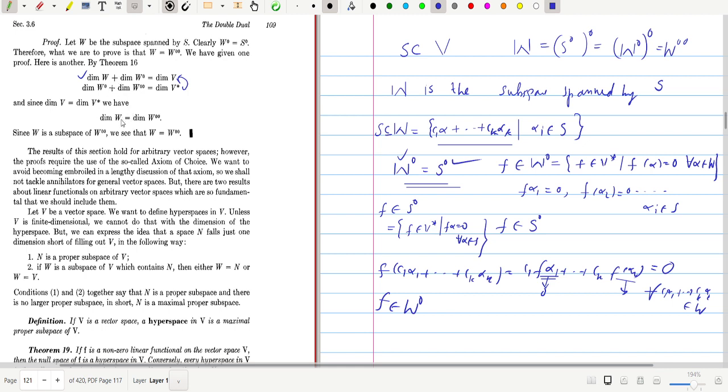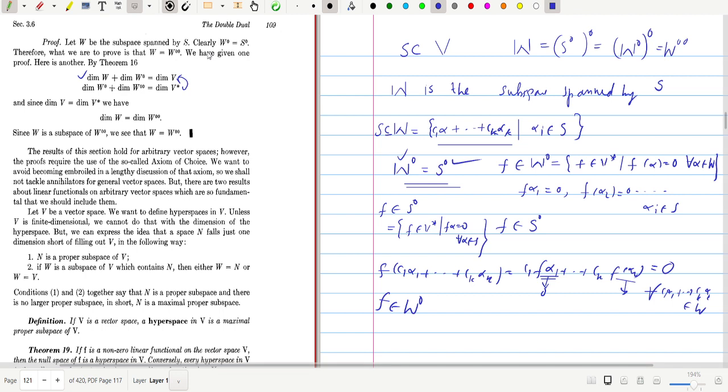So we get dimension of W equal to dimension of W double naught. But we know that W is a subspace of W double naught, which is the mere identification of W with W double naught.